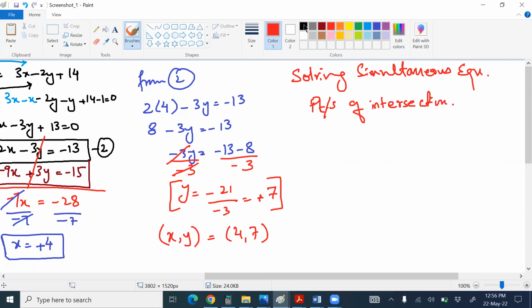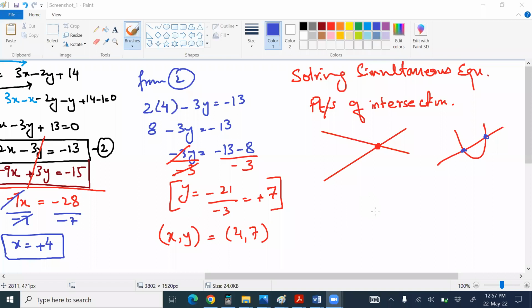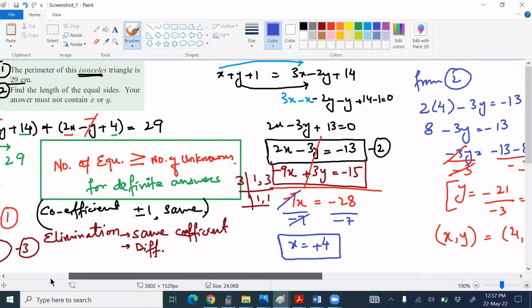In this case, we have two lines. Both of these equations are representing some lines. So this is one point of intersection. But if it were a curve and a straight line, then they will be continuing further.